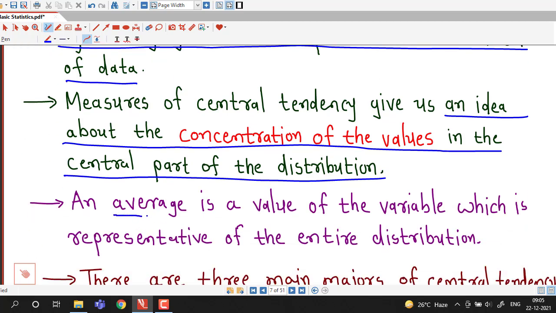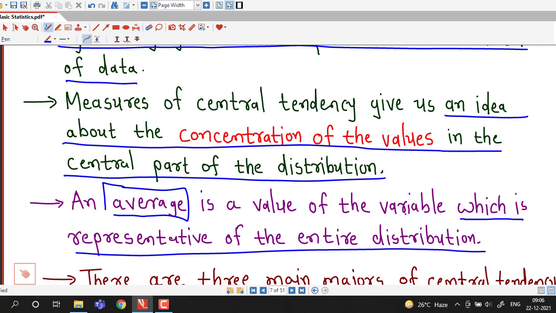Another name for measures of central tendency is average. An average is a value of the variable which is representative of the entire distribution. For example, if we consider the average result of students of some college, then that number is representative of the students of the entire college.